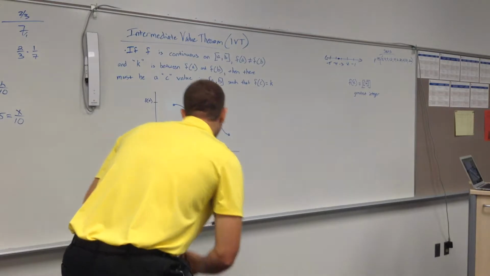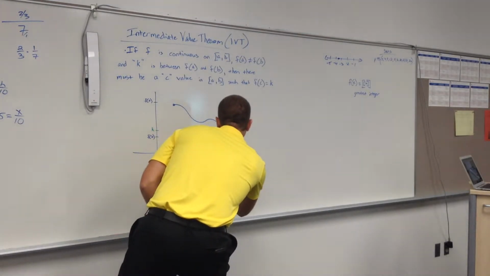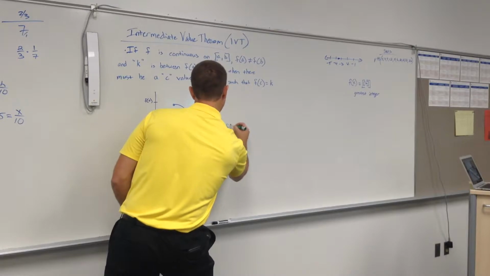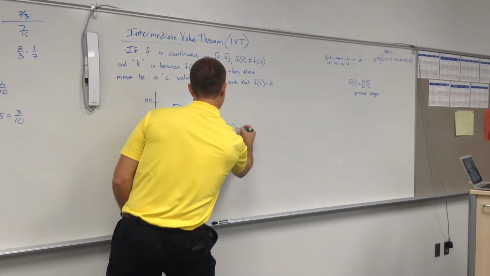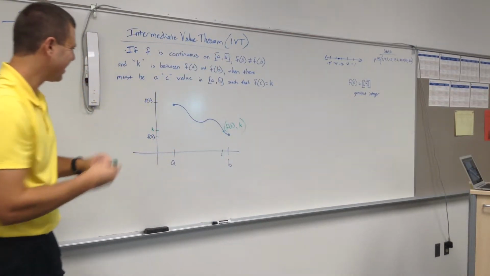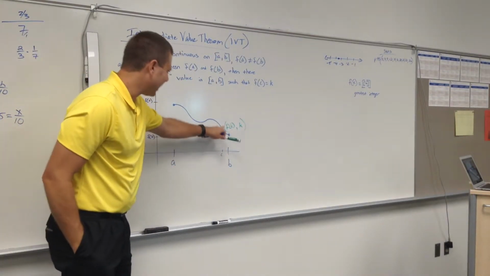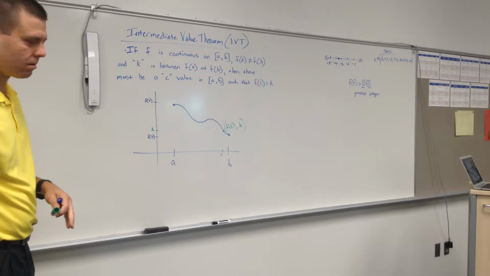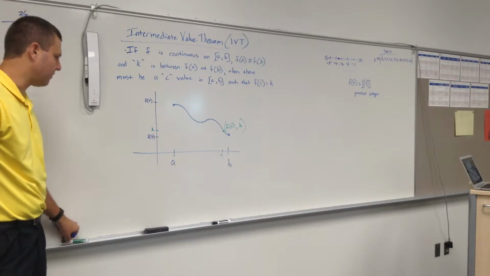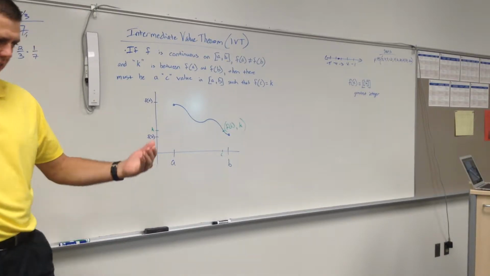And roughly that looks like it would occur about right here on my picture. Okay? f of c has to equal k. That's what the intermediate value theorem is basically stating.